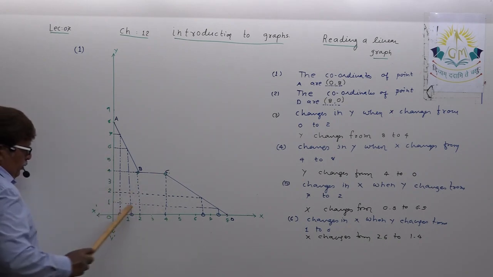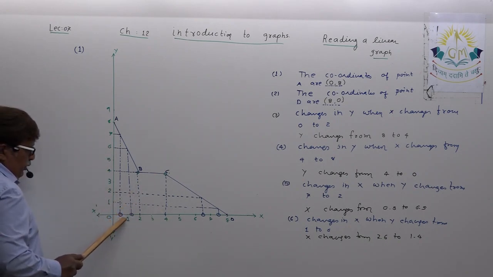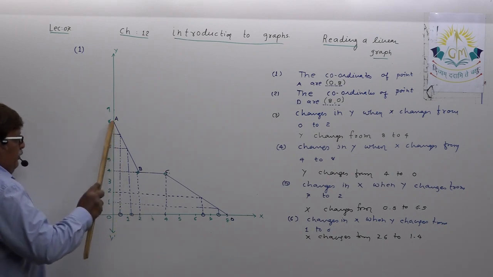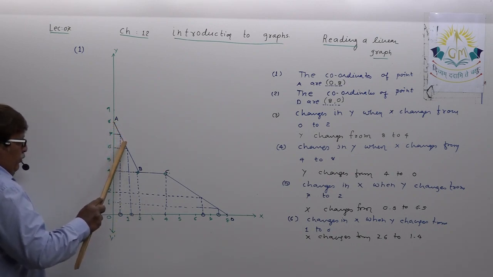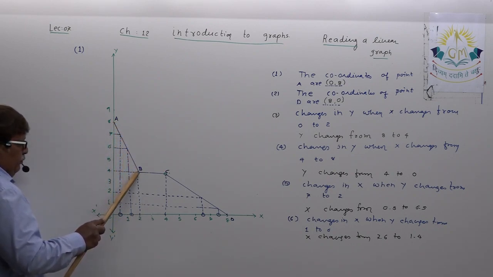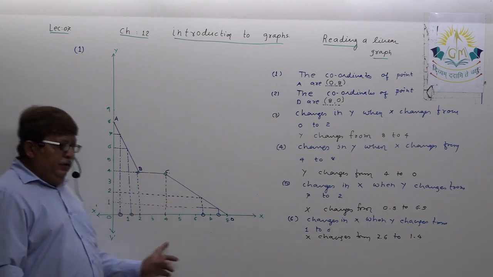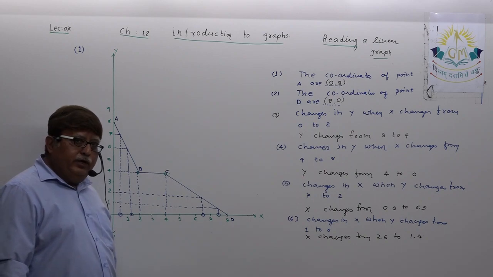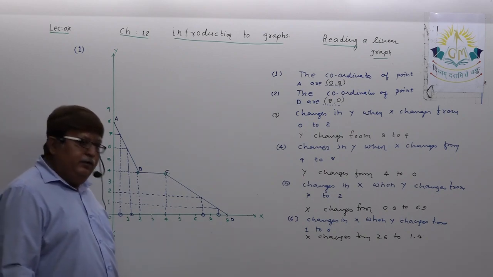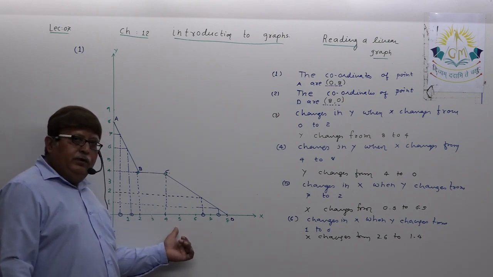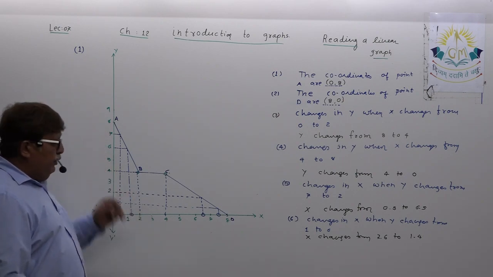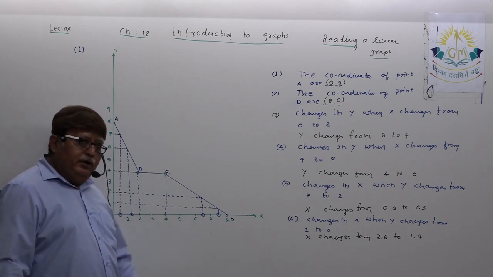Then you know as the value of x increases, the value of y decreases. That means which type of variation is it looking like? It is inverse variation, where one variable increases and the other decreases.